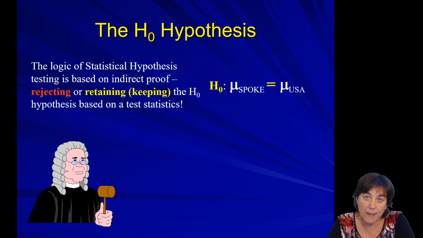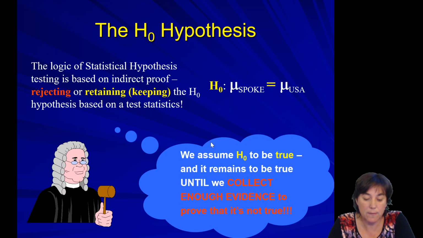So we have to collect proof. If we do collect enough proof, we can reject our null hypothesis. If we cannot do that, then we have to retain it or keep it. So what are our alternatives? Either the SPOKE children start to speak later than the US average.